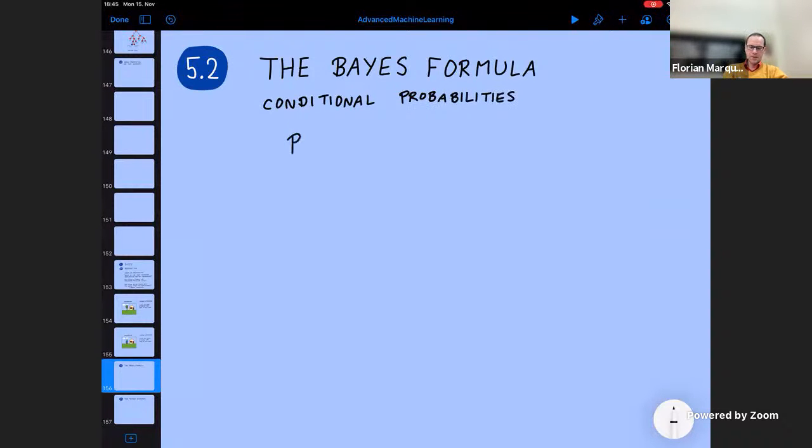We define a conditional probability by saying some event A given some other event B, what's the probability for that? Well, that's the probability for observing both events at the same time, divided by the probability of observing event B.